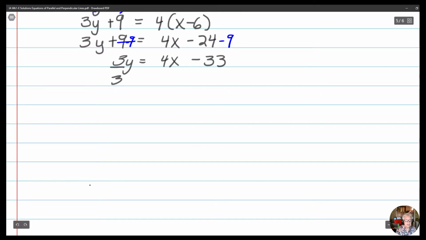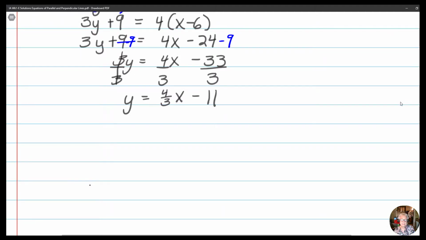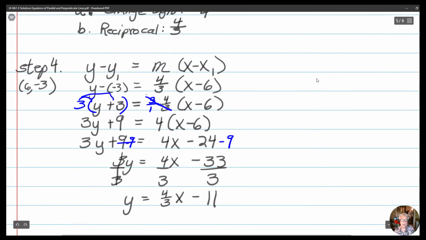Divide by 3, divide by 3, divide by 3. y equals 4/3 x minus 11. Okay.